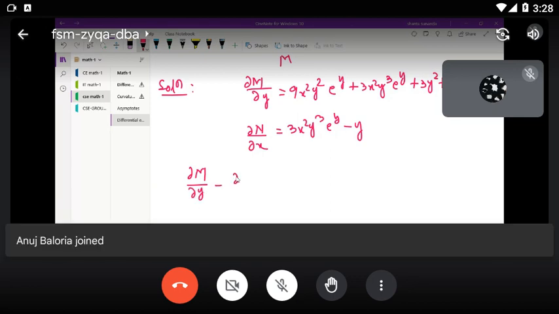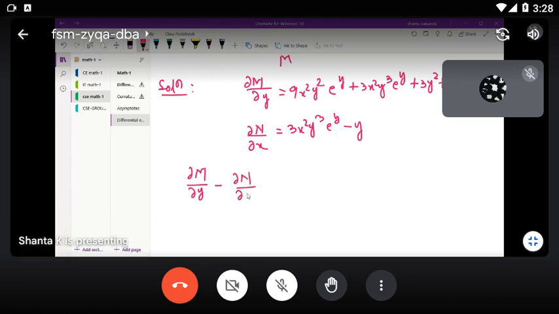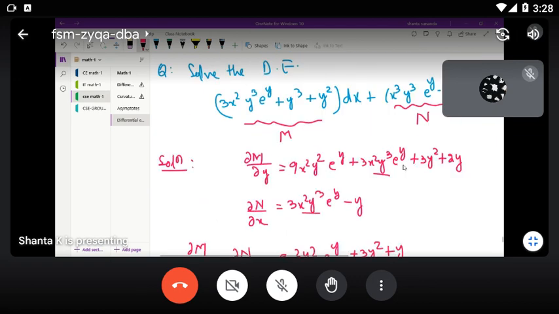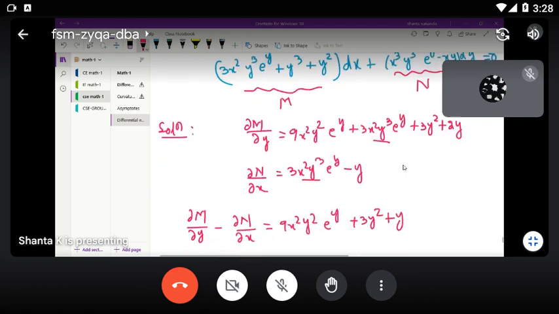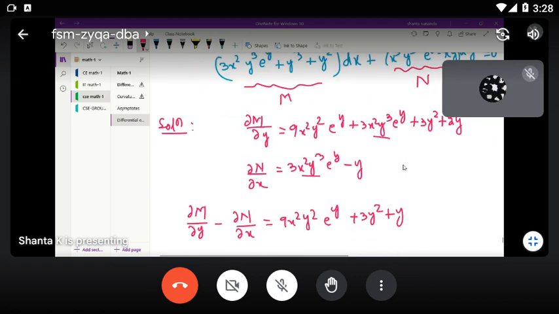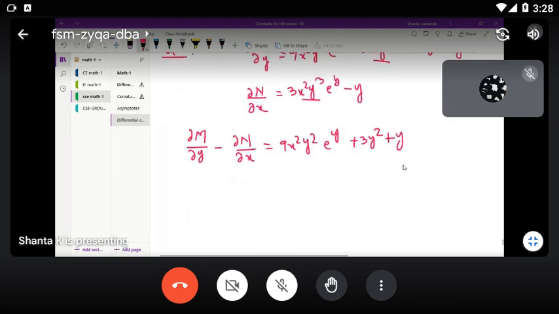See, when you are finding the exactness, at that time you can look at it and you can check. So what we will be left with is x square y square e power y, and this term will get cancelled. Okay, so this one and this one. So plus 3y square plus y. This is what is left. Now you look at m, and if you divide it by m... Ma'am, 3y, right?